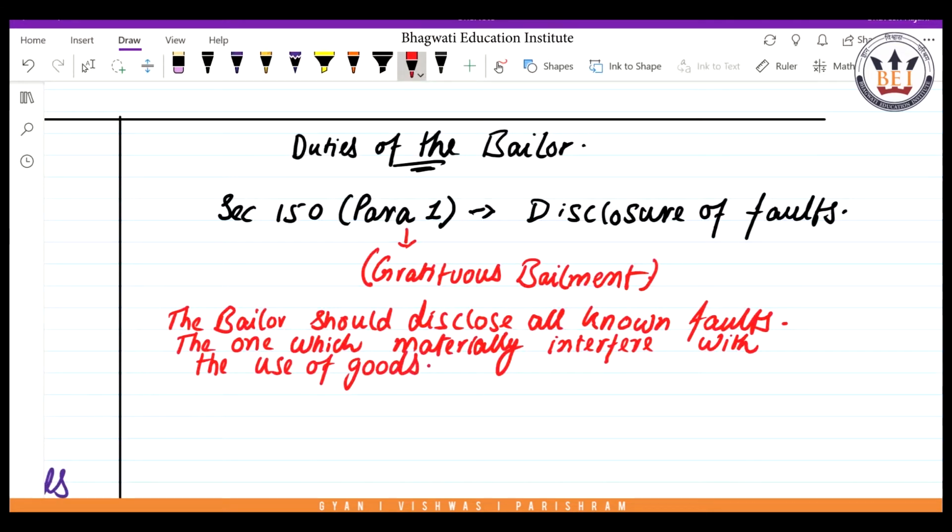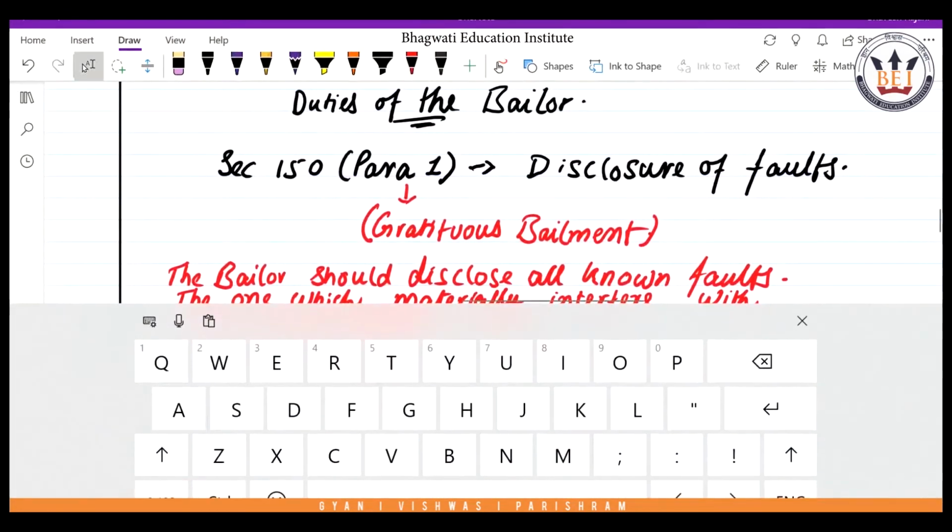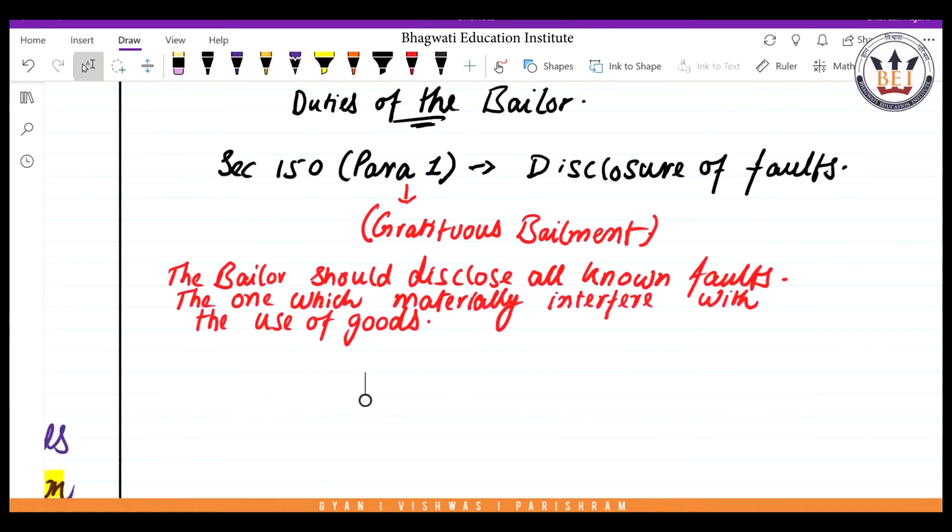So one thing we know, that the bailor should disclose all known faults, and what kind of faults? The ones which materially interfere with the use of the goods, or which expose the bailee to a higher level of risk or danger.